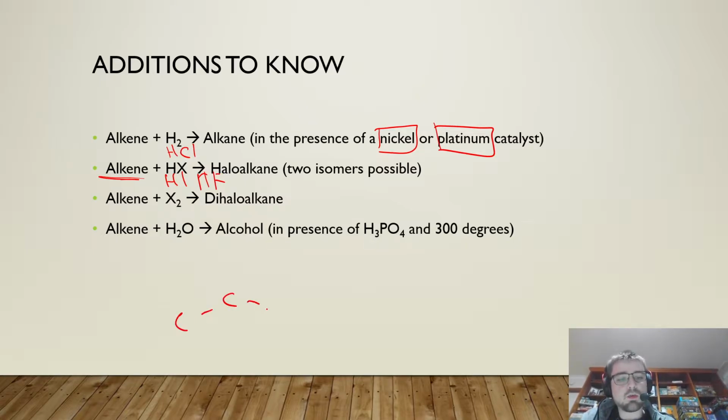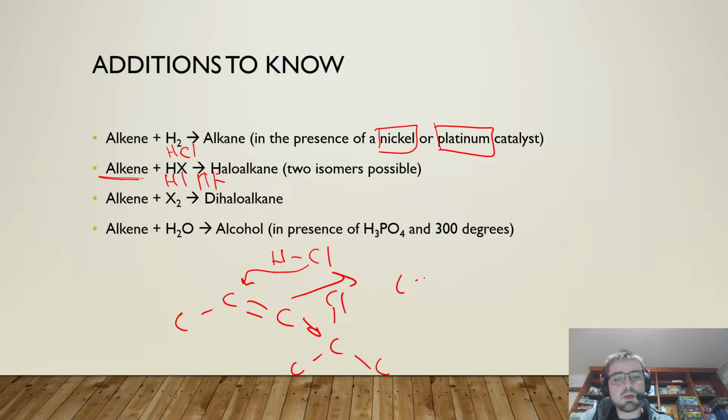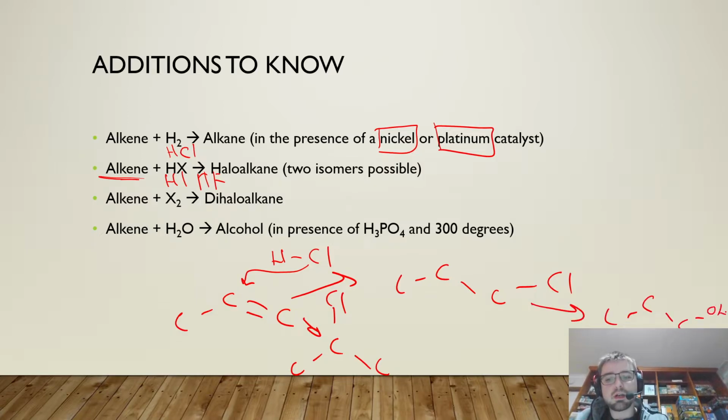So if we've got this one, for example, and we've got hydrochloric acid, we can either have the chlorine go this side or that side. If it goes to the middle, then we'll end up with this one here. So we can end up with that, or if it goes to the other side, it'll end up here. And you'll notice that this will give us the 2-chloro and the 1-chloro that we talked about before. And then depending on this, we'd end up with the primary or a secondary alcohol.